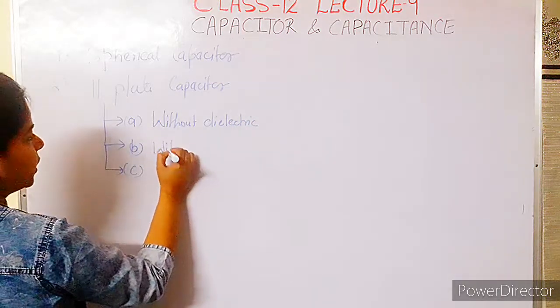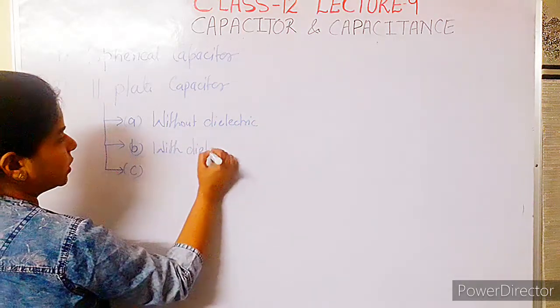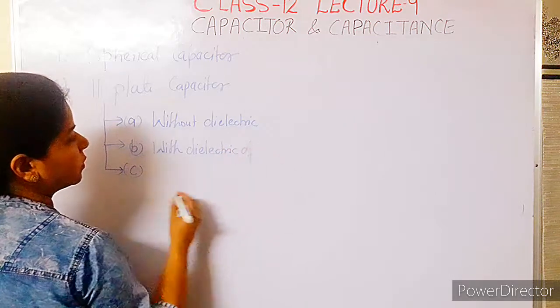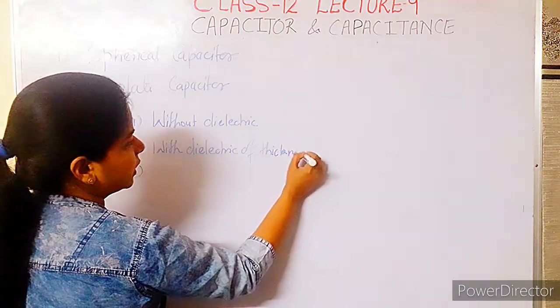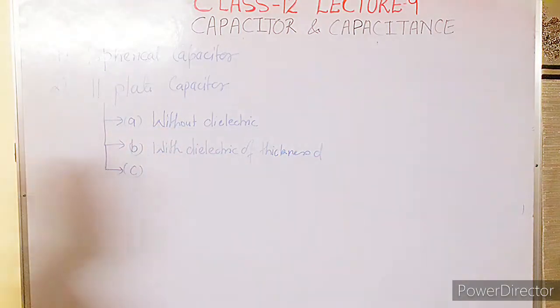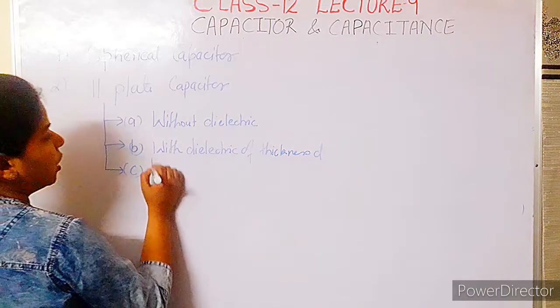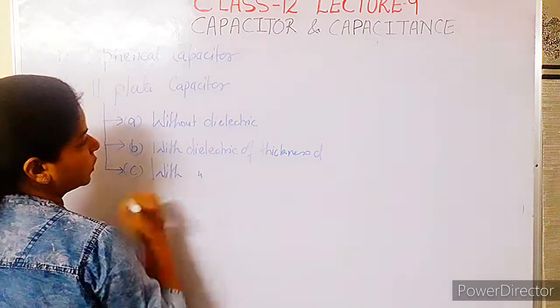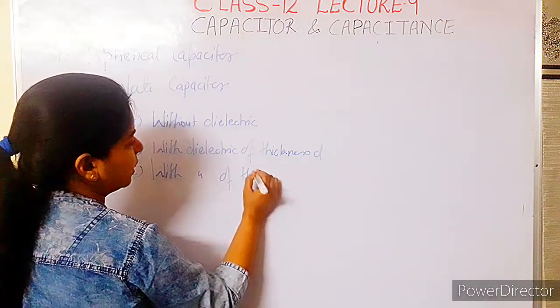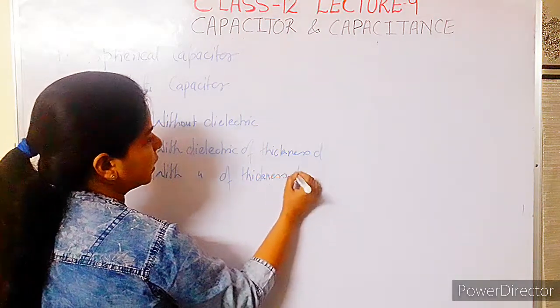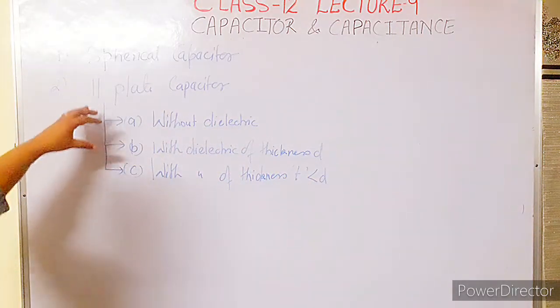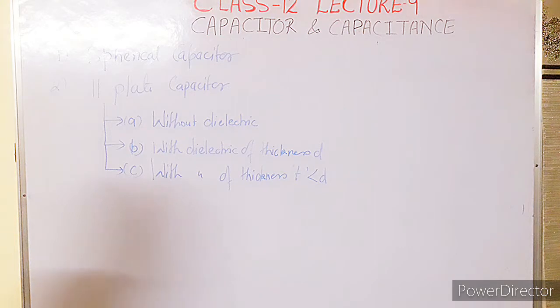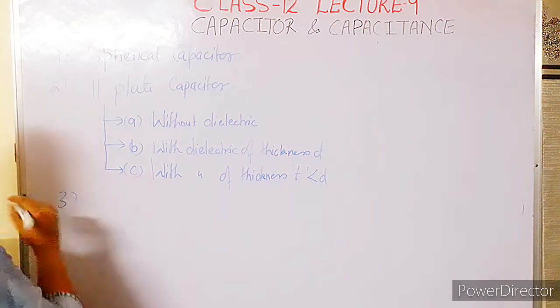Then second case, with dielectric of thickness D. Remember this, D, A and Q. These are the certain terms which we have to use. Afterward we will take with dielectric of thickness T, which is lesser than D. These are the three cases we will solve here under the heading parallel plate capacitor.